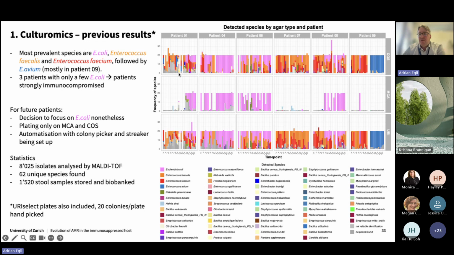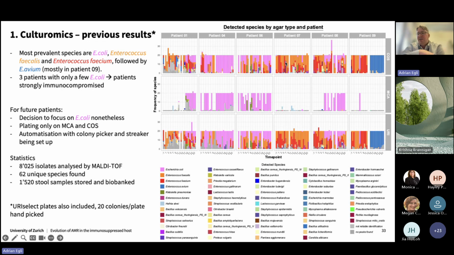Now, what is quite interesting is that if you look at the different patients, there is a bit of heterogeneity. I mean, these 4 species, which I mentioned, are clearly dominating, but sometimes you have interesting switches. So some patients don't have a lot of E. coli and are not so interesting for us to follow up now, because Elisa will focus on the evolution of E. coli.